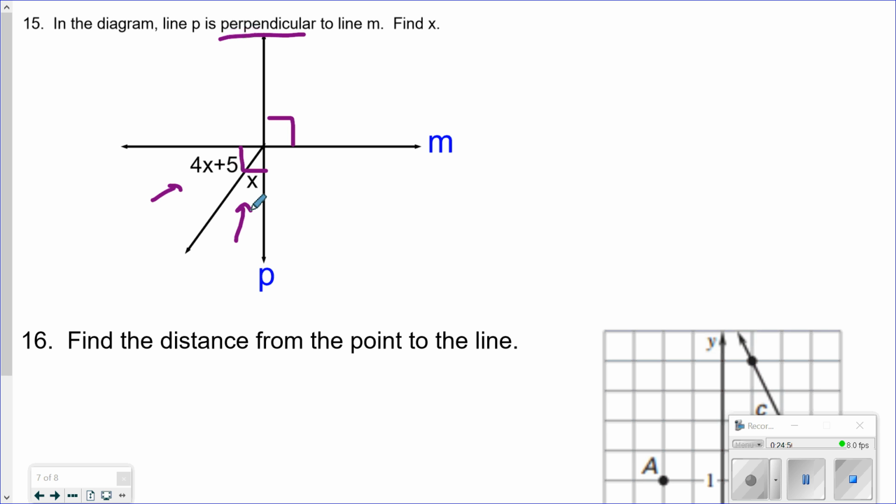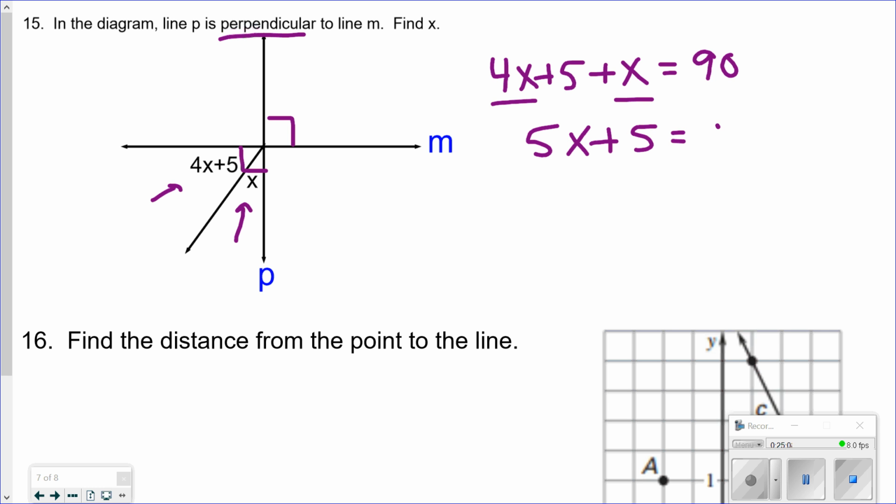So 4x plus 5 plus x is equal to 90. I'm going to combine my like terms. So 4x plus 1x is 5x plus 5 is equal to 90. Subtract 5. 5x is equal to 85. Divide by 5. X then is equal to 17.